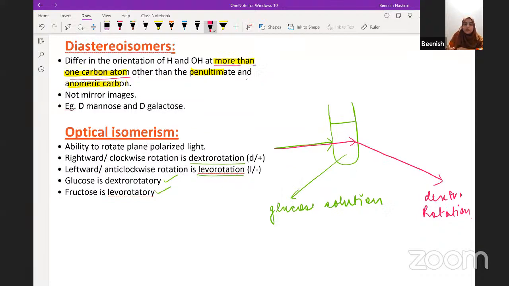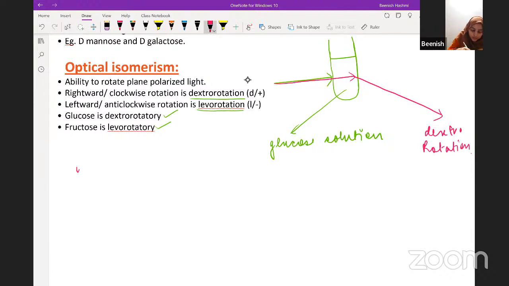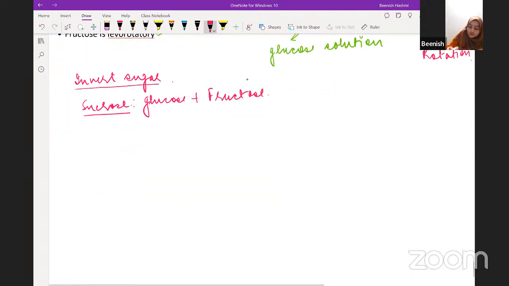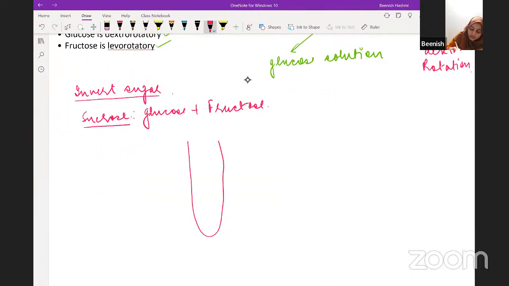Now, let's talk about invert sugar. You must have heard about this. Your sucrose is made up of glucose and fructose. So let's suppose we take a test tube, and in this test tube we have sucrose solution, and we pass plane polarized light.